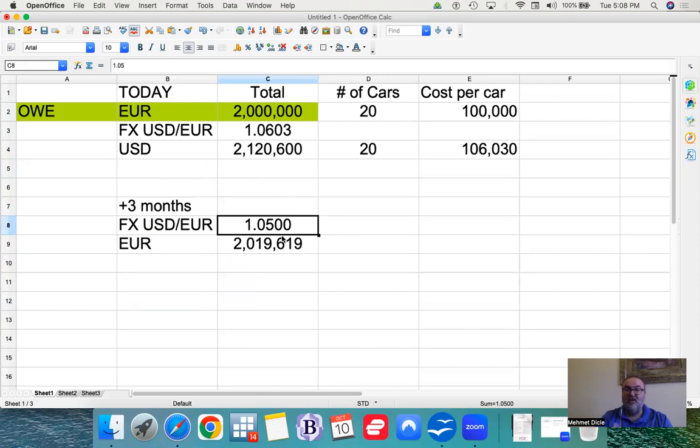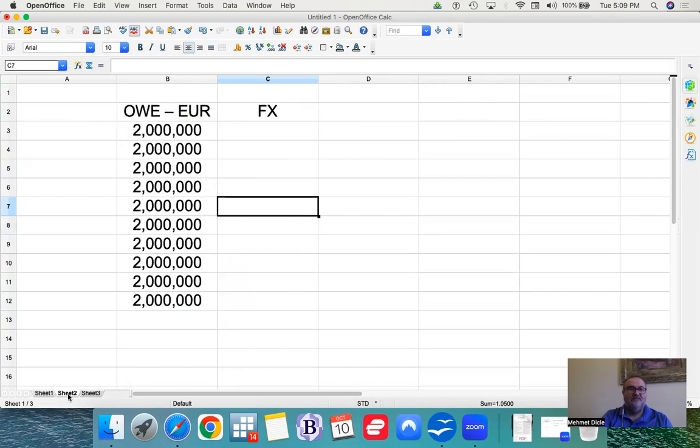But we don't know what the exchange rate will be in 3 months, and therefore, when we actually end up selling the cars for $2,120,000, we don't know if that amount of dollars will be enough to buy 2 million euros. So we want to know what changes as this dollar-euro exchange rate changes.